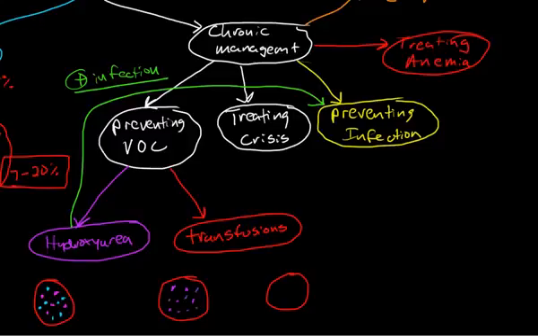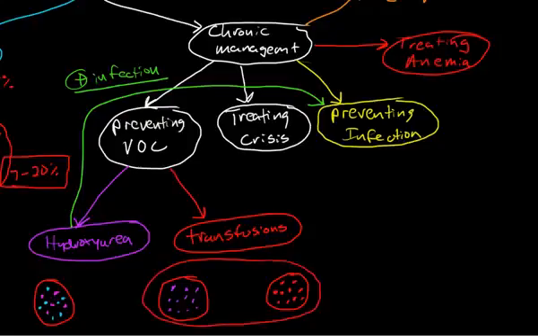But if we give chronic transfusions, some of these red blood cells are going to have nice, healthy hemoglobin from the donor. This decreases the number of cells that can sickle, and this will decrease the number of crises that people have.